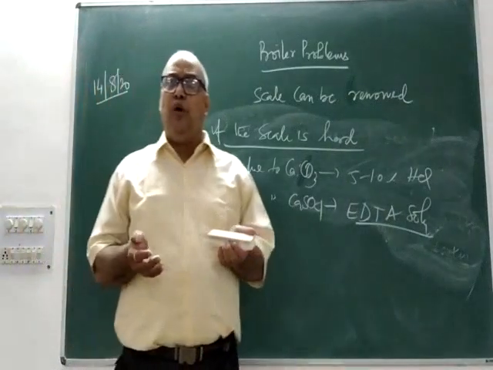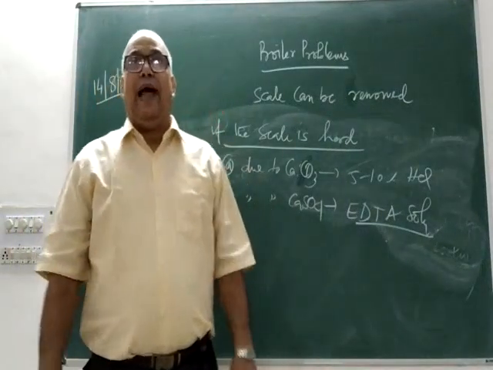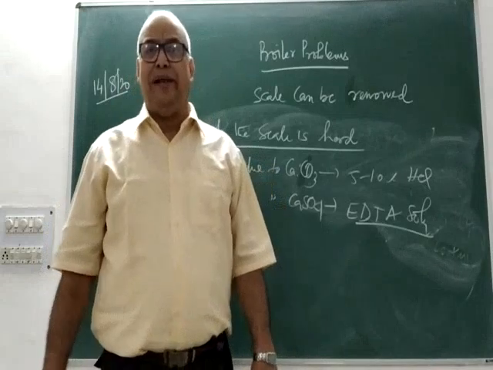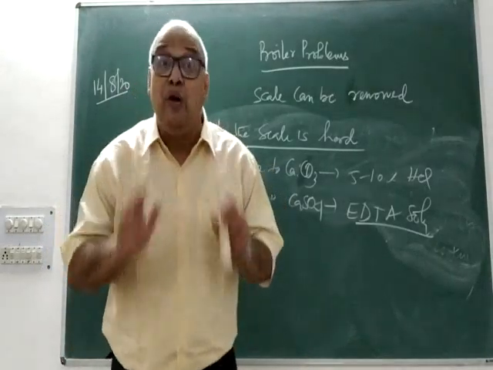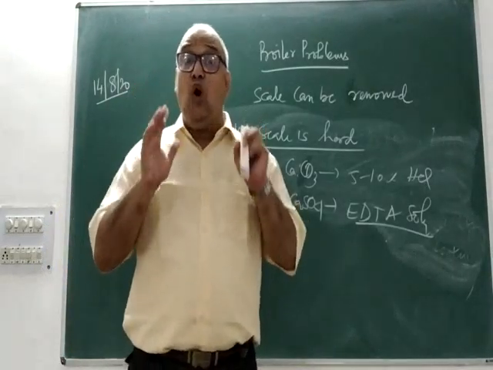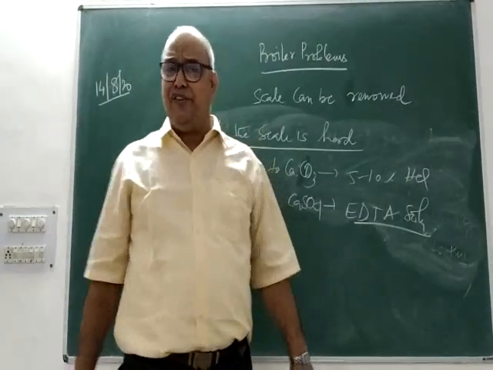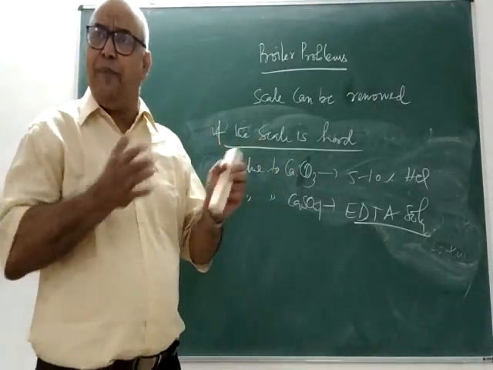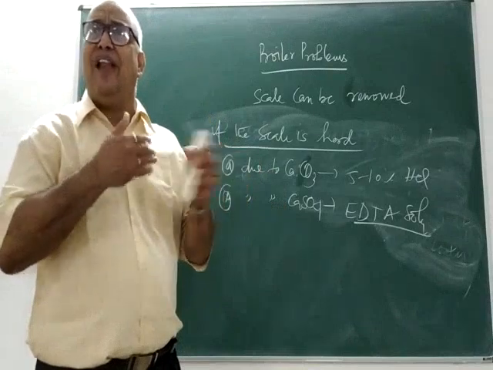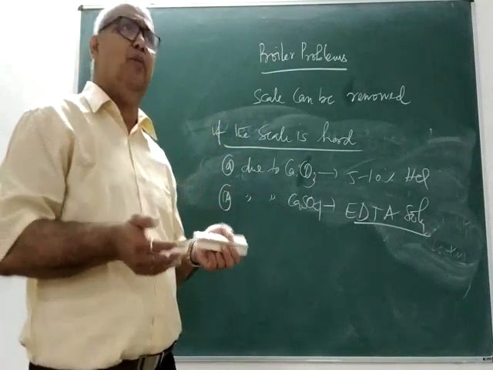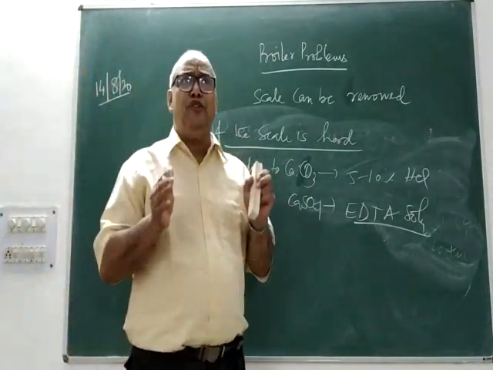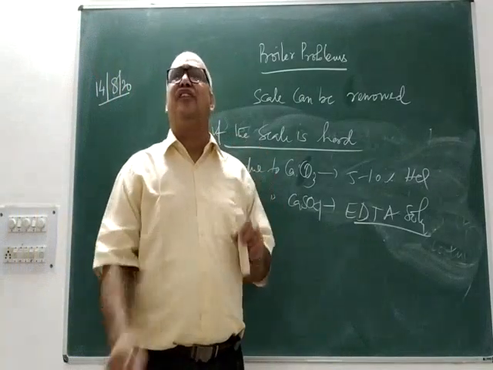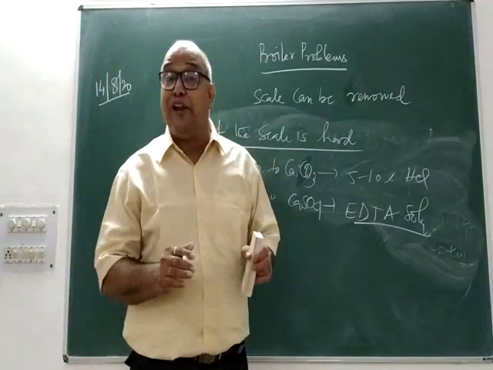One more thing I would like to tell you, another physical process is also available, which is known as blow down operation. What is blow down operation? The best option, not of removing scale and sludge, but of controlling scale and sludge formation, is blow down operation. What is that?